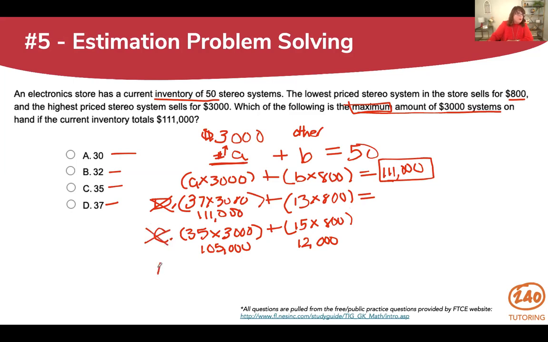Then I'm going to go to B, and I'm going to do 32 times 3,000. I really missed my pen right here at this moment drawing with this mouse, but I hope you can read it. I'm going to put that in my calculator, 32 times 3,000, and I get 96,000.